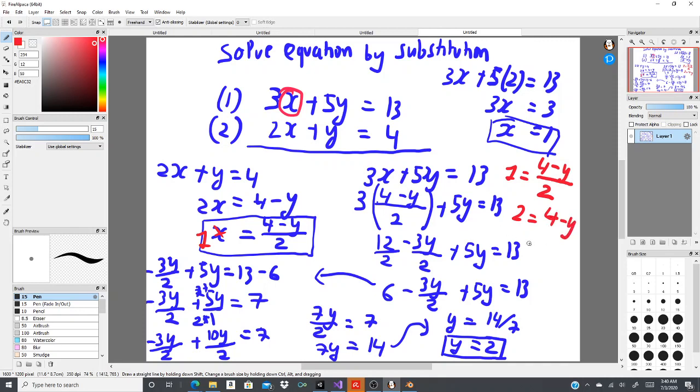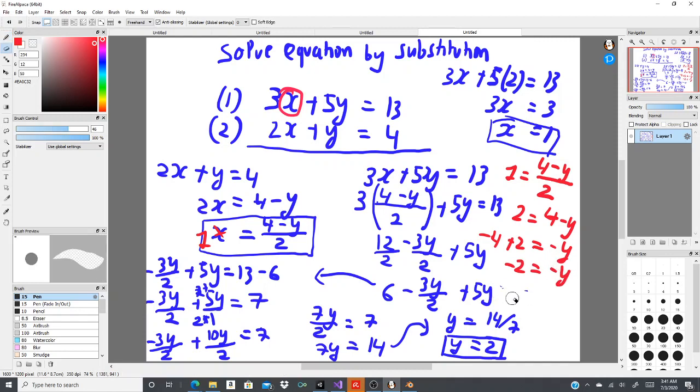And then from here, I think we just subtract both sides by 4, and then we get minus 4 plus 2y equals minus 2x. Then from here we get minus 2 equals minus 2.